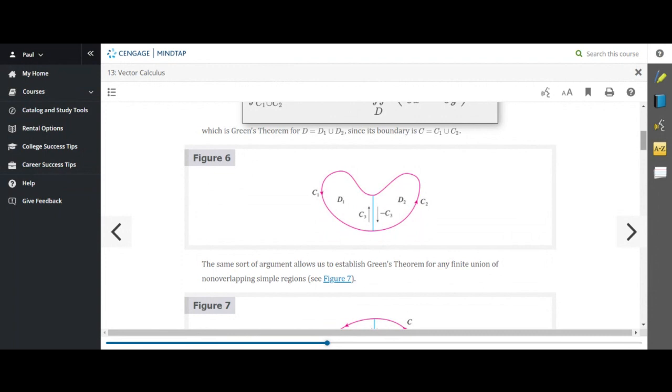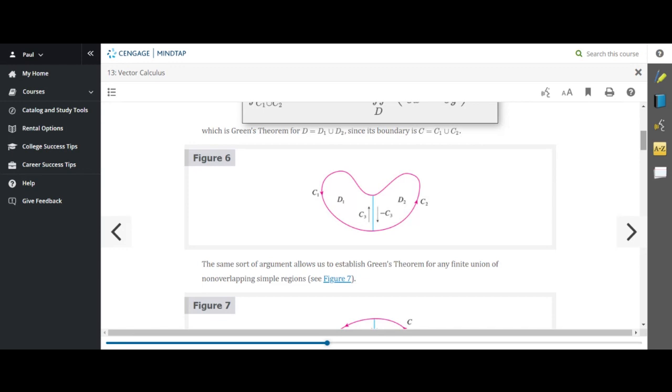And so in order to compute the line integral, the work along the entire path that is the union of C1 and C2, what you have to do is apply Green's theorem to the path C1 union C3 and apply Green's theorem again to the path C2 union negative C3. You would apply it to both those paths.